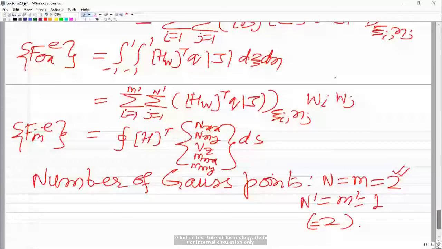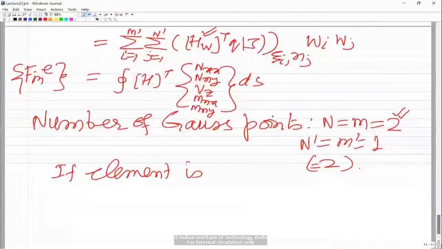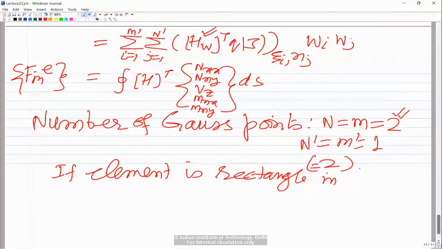If you look back, we have already done those examples, but let me explain how I arrived at n dash equal to m dash equal to 1. So n dash and m dash are used for this integration. If the element is a rectangle in xy space.